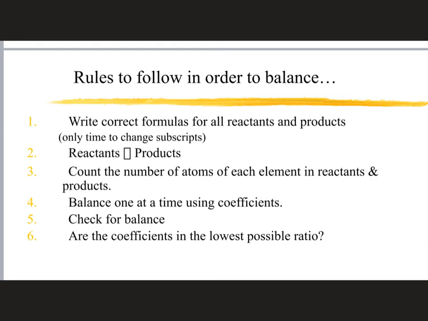So the basic overview of how to balance an equation is to first make sure that you've got the correct formulas. So this is where we were predicting products, and that you have to check their charges. Once you've got that balanced molecule, you're done with the subscripts. So we're going to write that as reactants yield products, but sometimes it'll make it so that you have an uneven number of atoms.